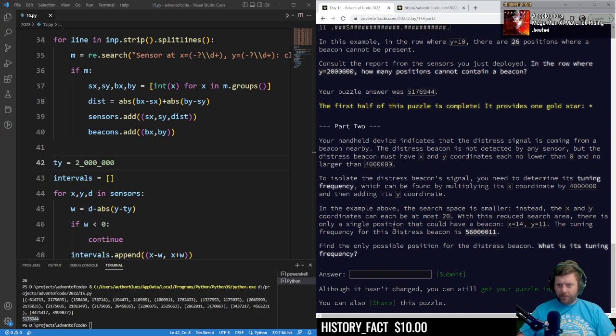Distress beacon is not detected by any sensor, but the distress beacon must have X and Y coordinates no lower than 0 and no larger than 4 million.